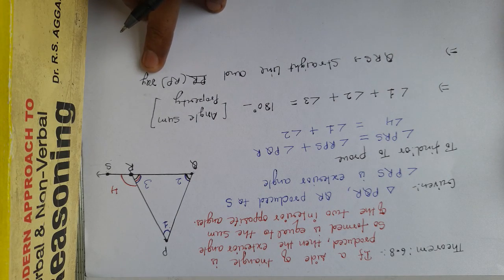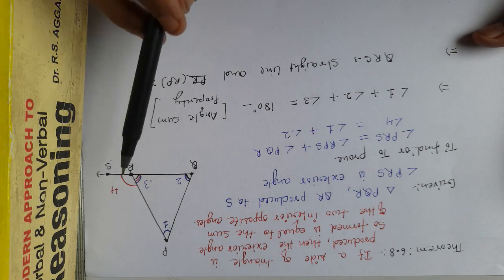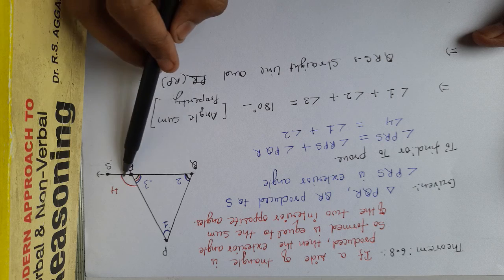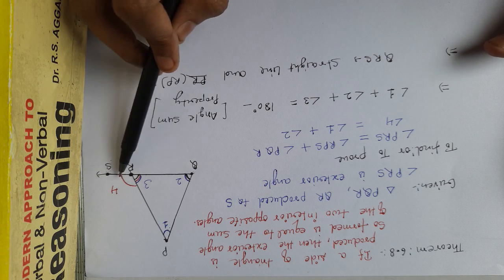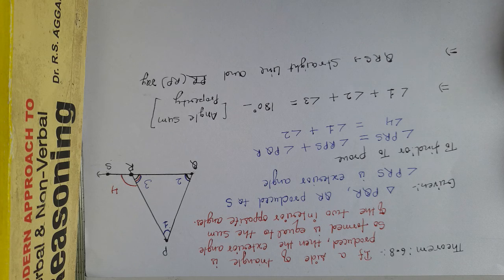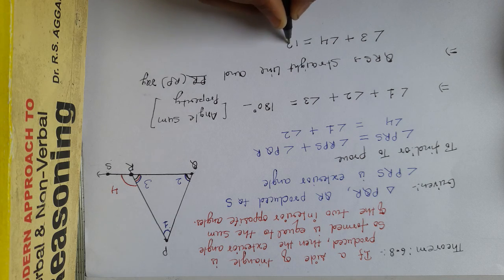Then what do you know about this? The sum of adjacent angles, angle 3 and angle 4, is 180. So angle 3 plus angle 4 is equal to 180.